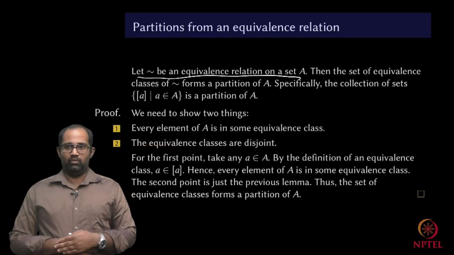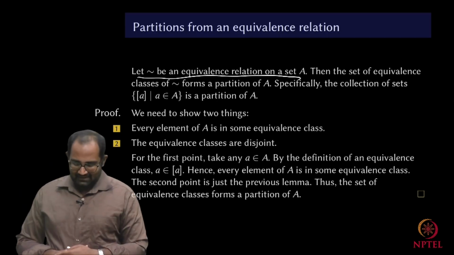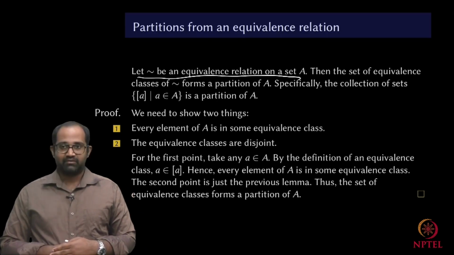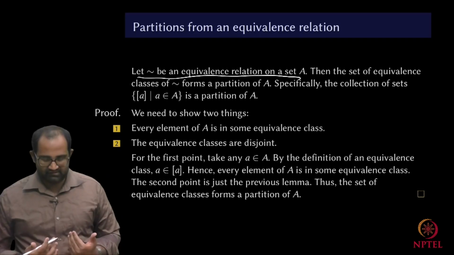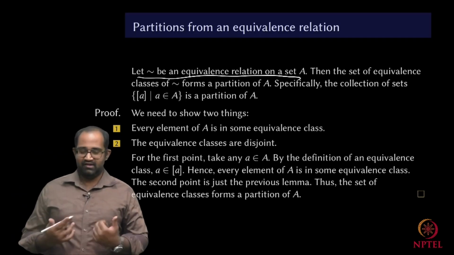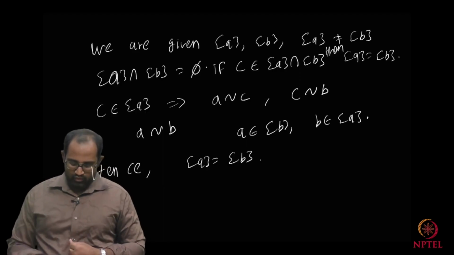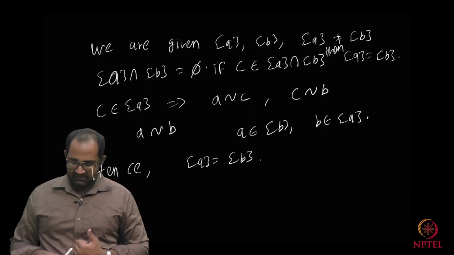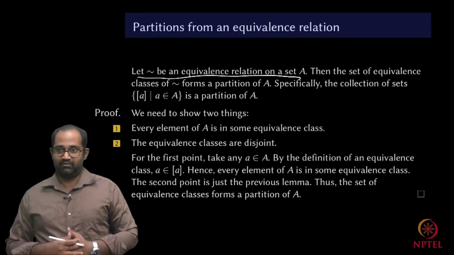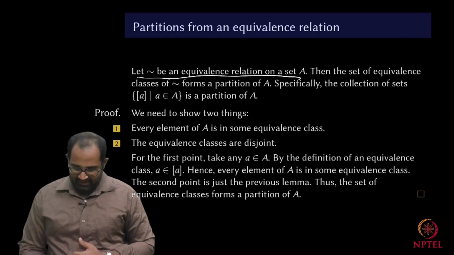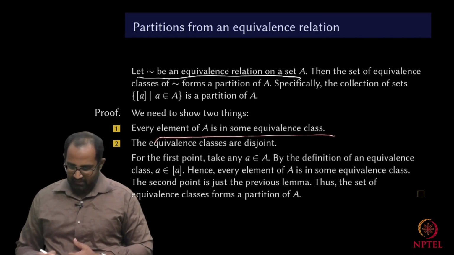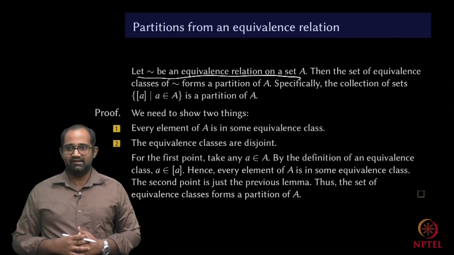Okay. Now, the fact that equivalence classes are disjoint is just what we have established now, right. We just established that if you take two different equivalence classes, then they are either equal or disjoint. Now, the fact that every element of A is in some equivalence class is really easy.